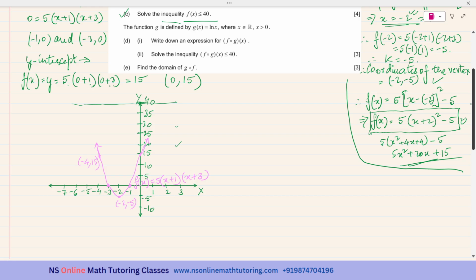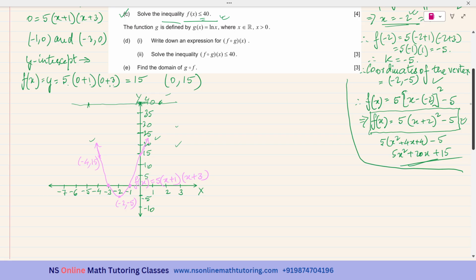If you extend these two portions, they will cross the line y equal to 40. The x values between these two points, along with the two points themselves because the equality sign is included, will be the solution for this inequality.